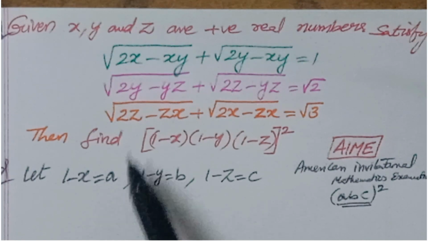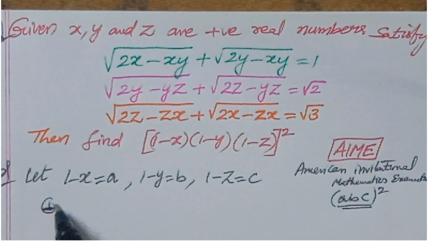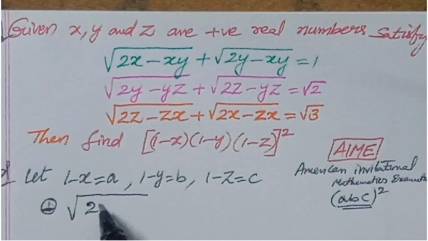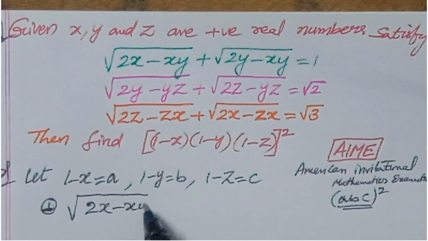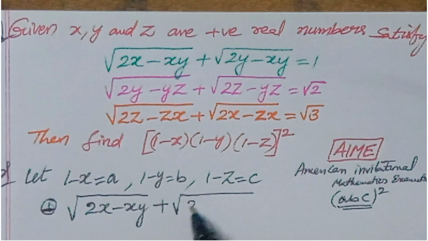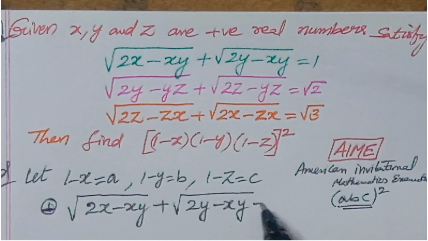Now if you take the first one, square root of 2x minus xy plus square root of 2y minus xy is equal to 1.